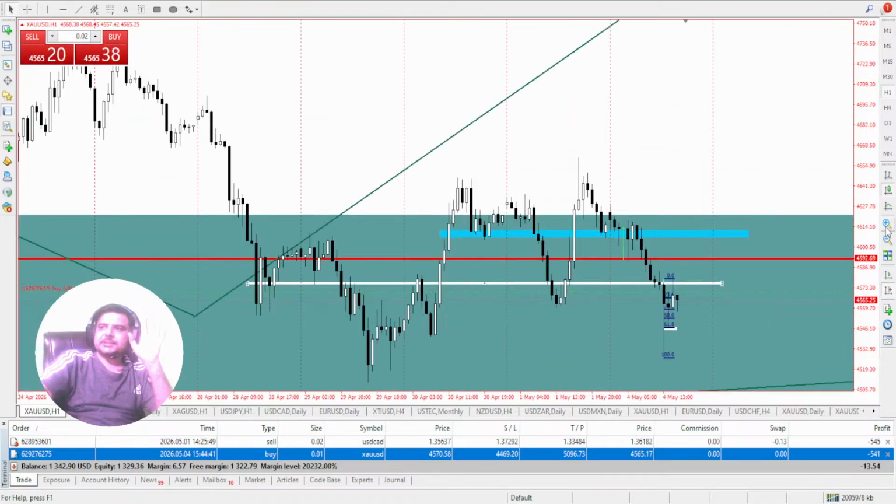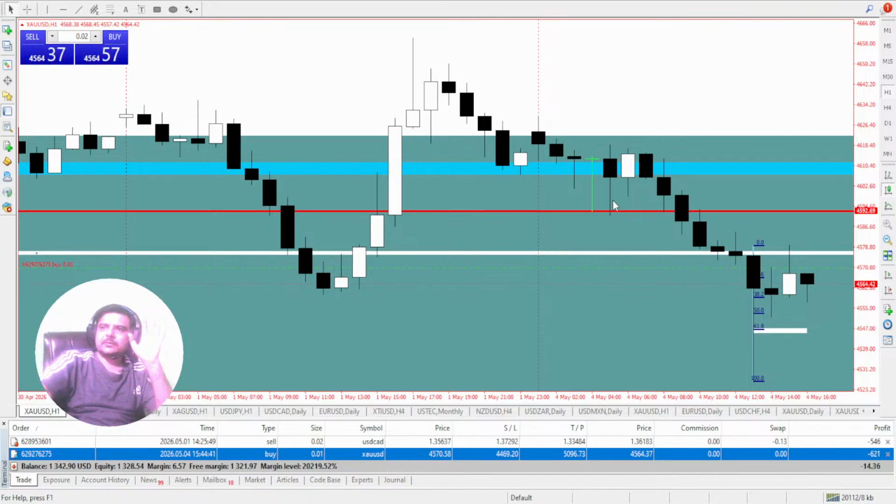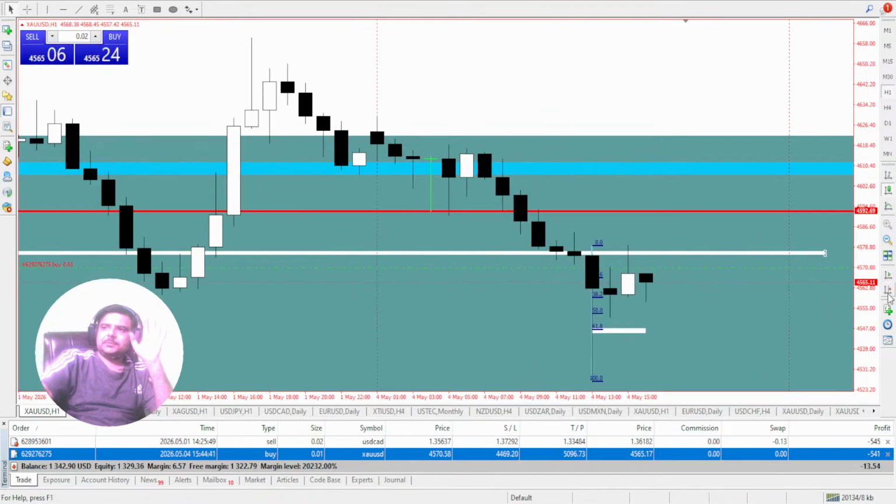And price action side by side, if we see, the previous candle closed bullish engulfing, this one, okay. But right here we have the first failure, and it can become the second failure as well.